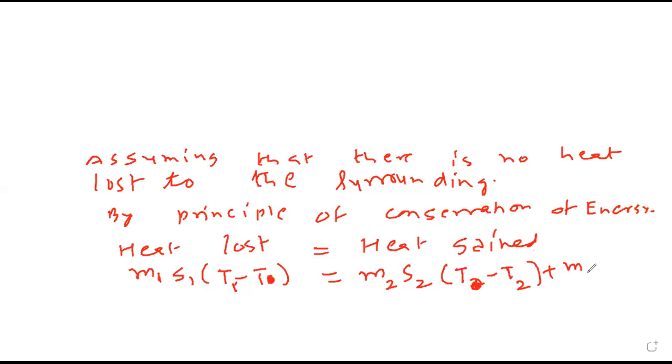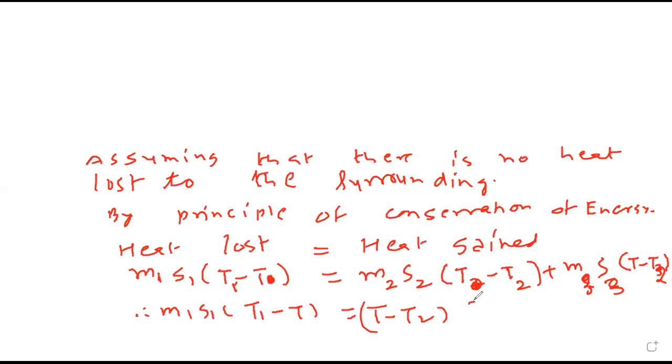Plus mass of calorimeter and its content M3, S3, whose final temperature is T and initial was less, so T minus T2. Therefore, M1 S1 (T1 minus T) equals (T minus T2) times, taking common, (M2 S2 plus M3 S3).